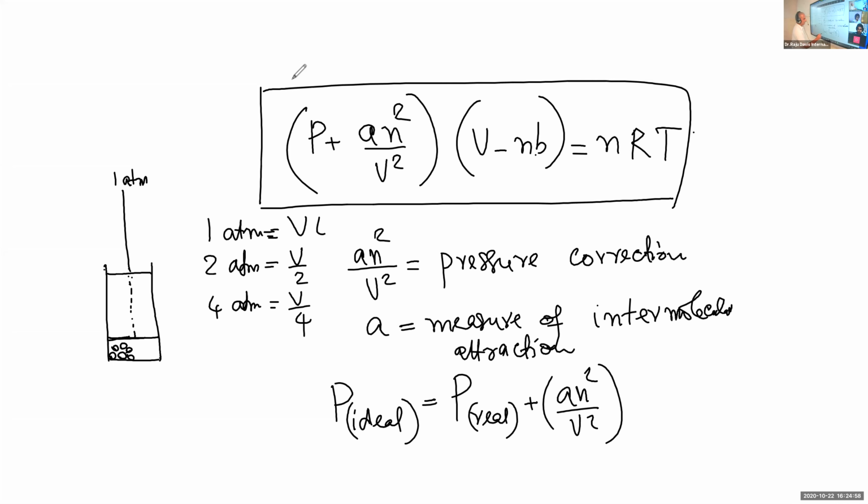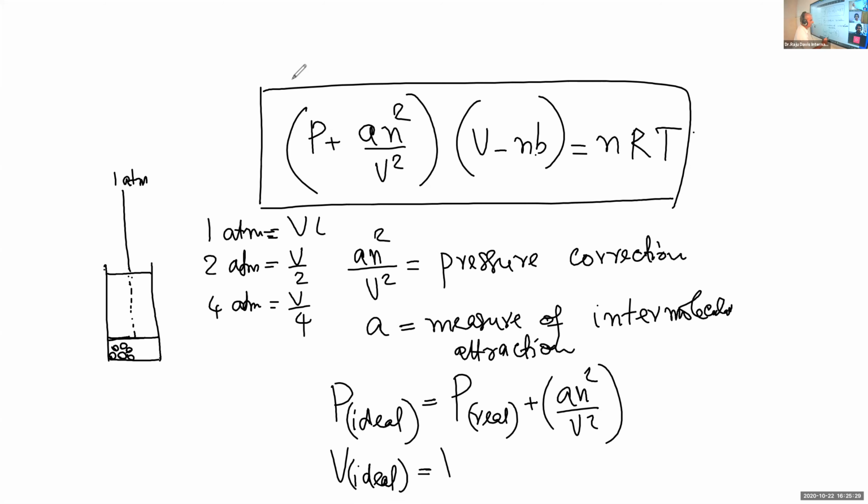We are taking the volume of the container as the volume of the gas, but that is for an ideal gas. So the ideal volume should be less than the measured volume.